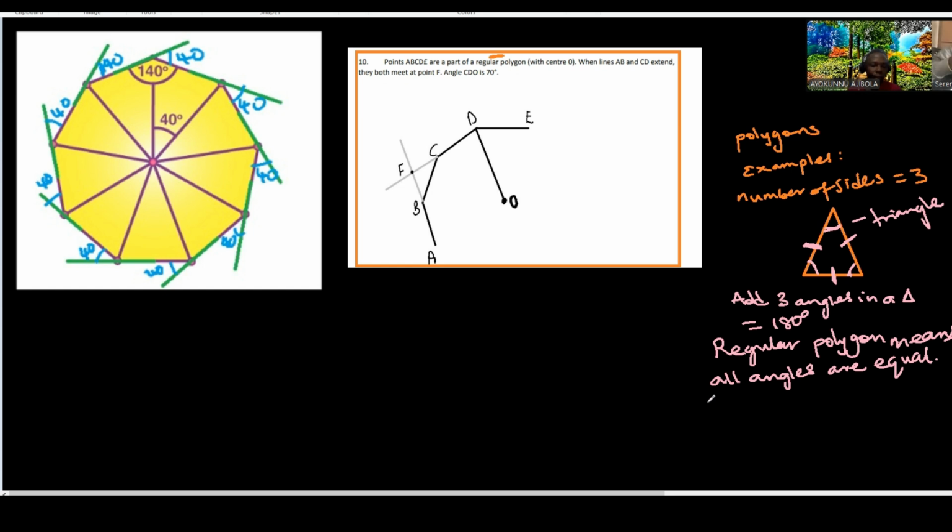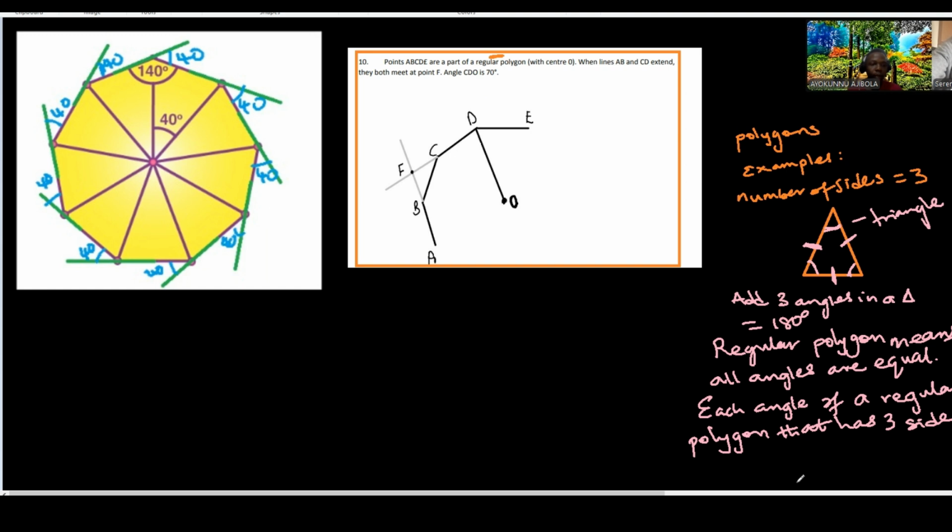what will be the value of each angle of a regular polygon that has 3 sides? We're talking about a triangle now, right?